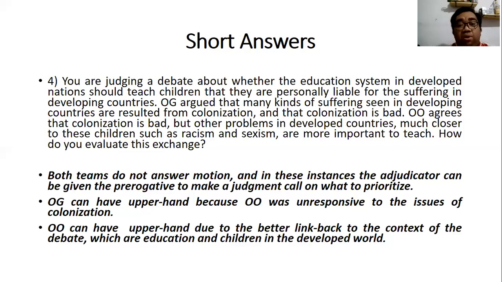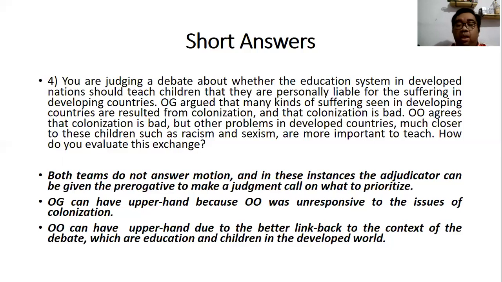So even if they were not responsive, there was an element of link back that was much closer to the motion in comparison to opening government, which only talked about colonization being bad, but not necessarily why it is within the interest of education and children in the developed world to know about these things. So these two scenarios are equally valid. What we're looking for again is your reasoning and justification on why one team had an upper hand over the other.